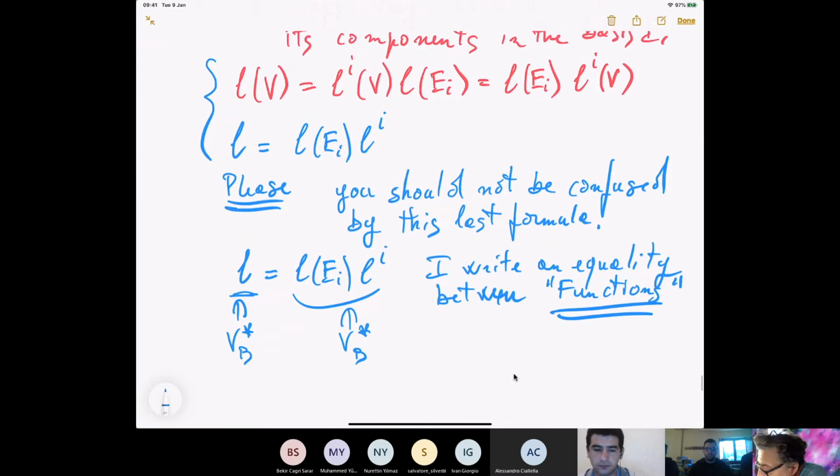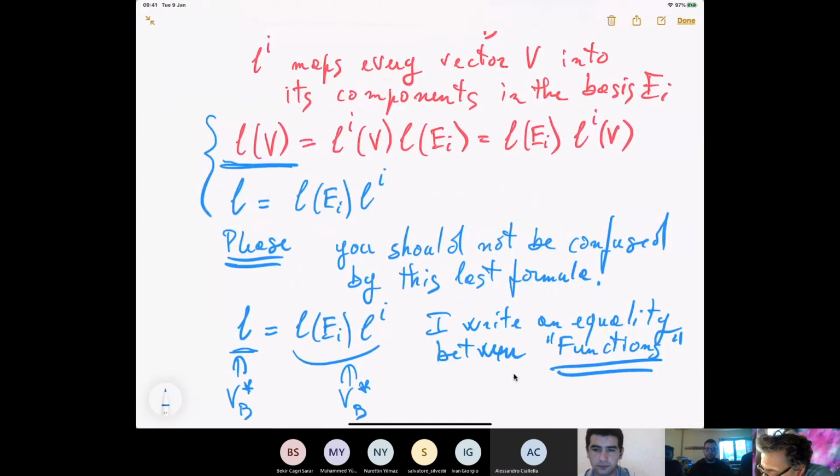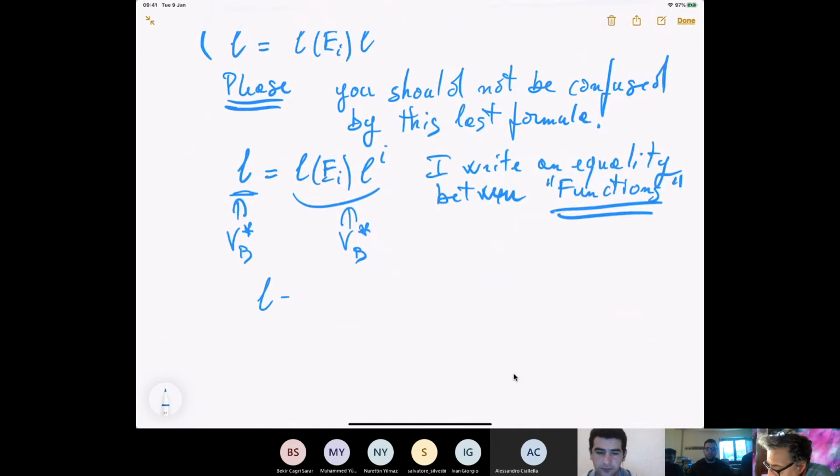And look here, this is exactly what we have written in the previous line. So we have proven that L is equal to L(e_i) L^i.